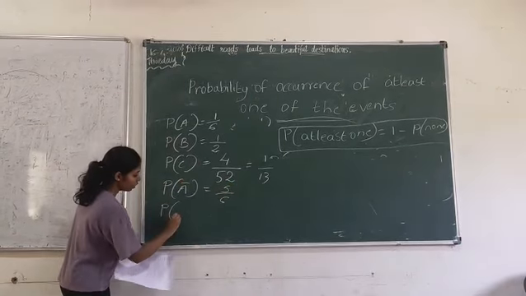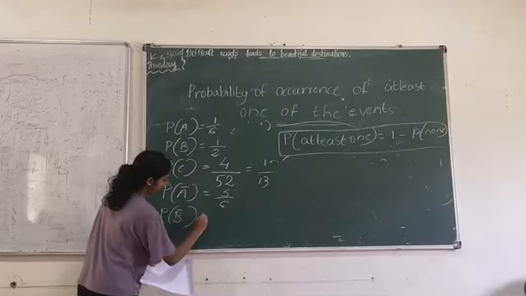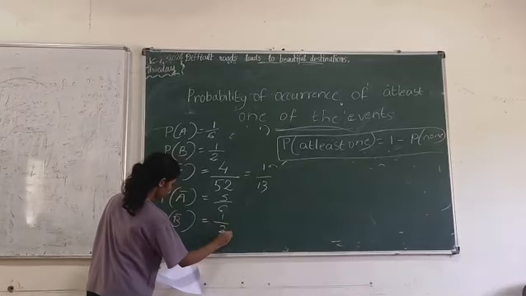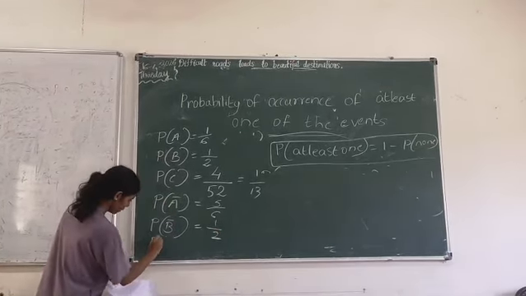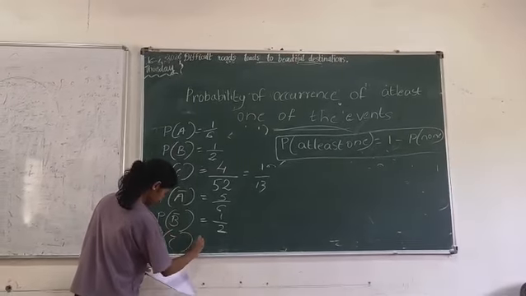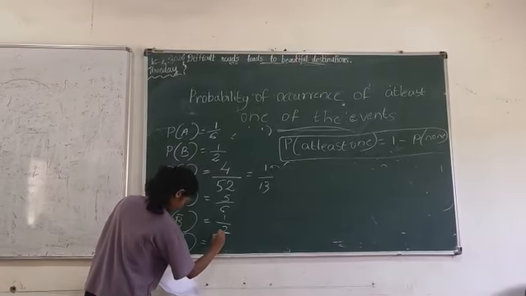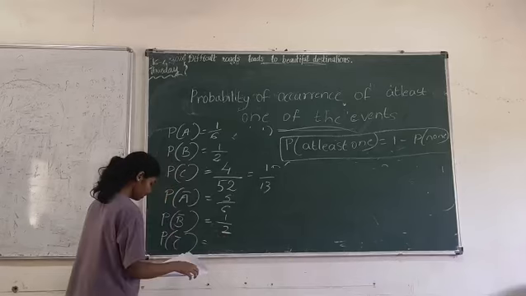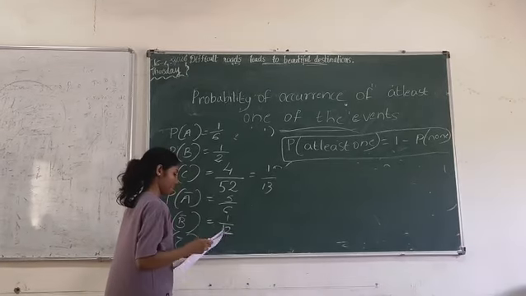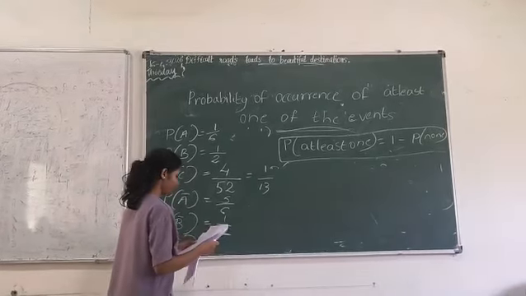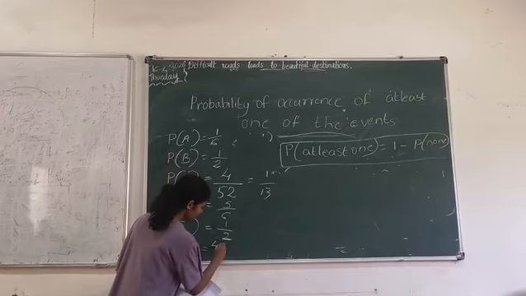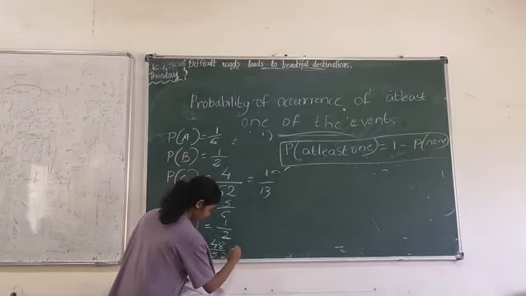Probability of not getting success in second situation is 1 by 2. And probability of not getting success in third situation is 48 by 52.